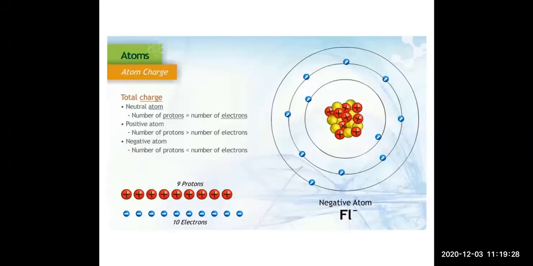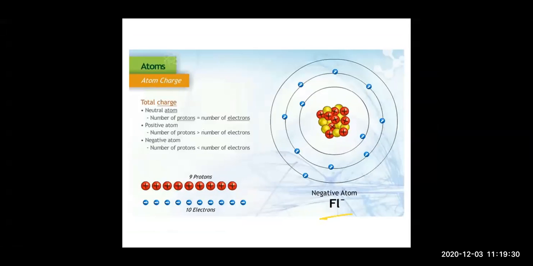Similarly, if an atom gains an electron, here we are having the next example of fluorine. Here it is gaining one electron. Fluorine initially had 9 protons and 9 electrons, but it is gaining one more electron. So now the number of electrons is 10. As more electrons are negative, the negative charge has become more.